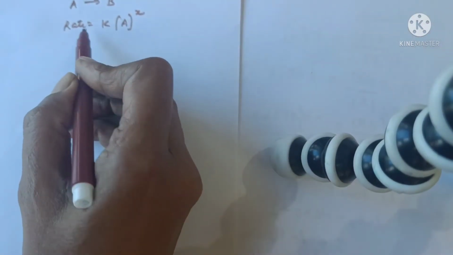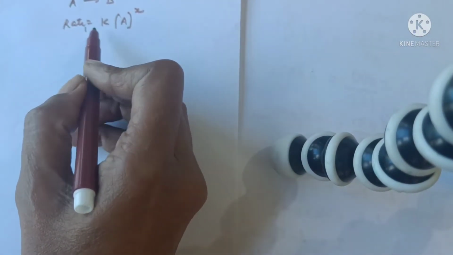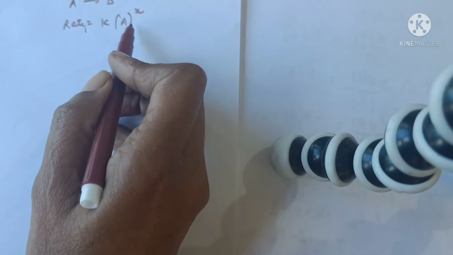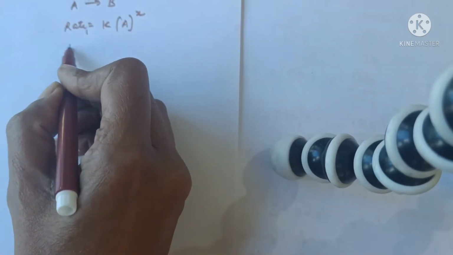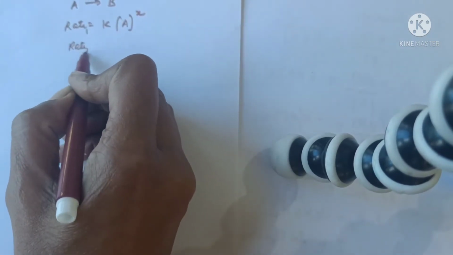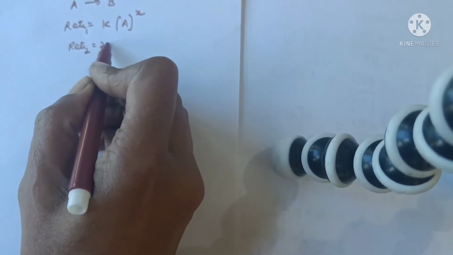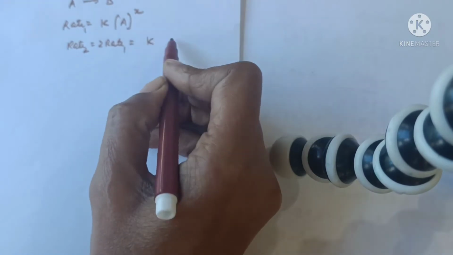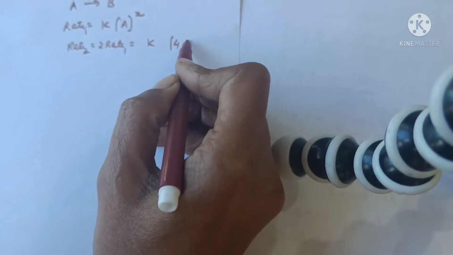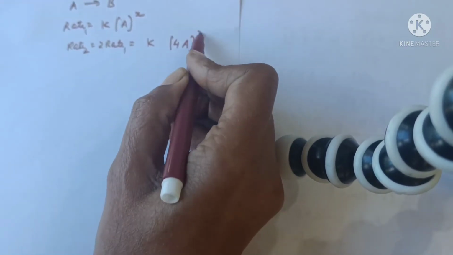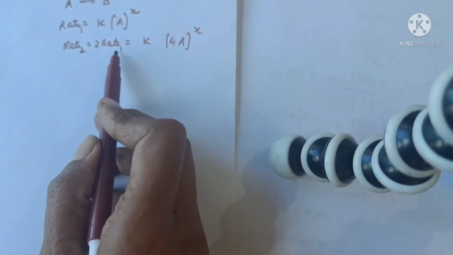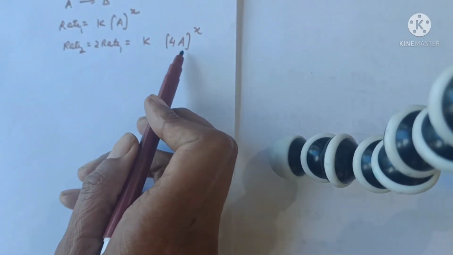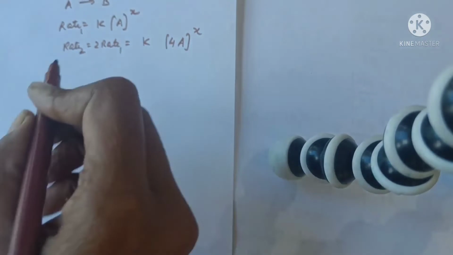So if first equation rate 1 is equal to K into A raised to power x, then rate 2, second rate, is 2 times rate 1 when the concentration of A is increased 4 times. So equation becomes rate 2 is equal to 2 rate 1 is equal to K into 4 into A raised to power x.